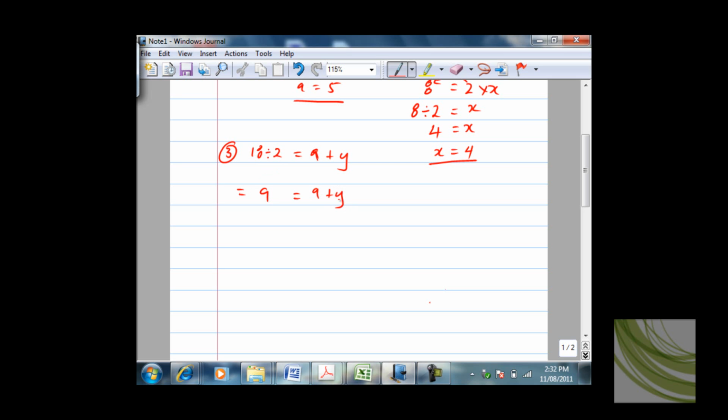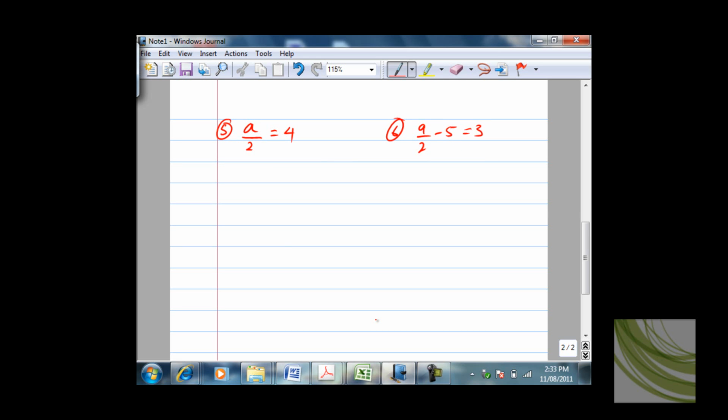To make y the subject of the formula, I have to get rid of that 9 and move it to the left hand side. So when I take it to the left hand side, because 9 is added, it then gets subtracted. So 9 minus 9 is 0. So the value of y is 0.